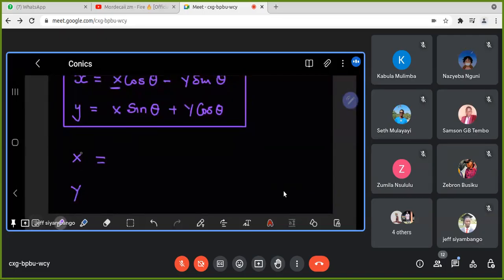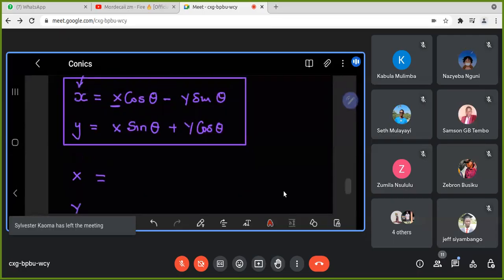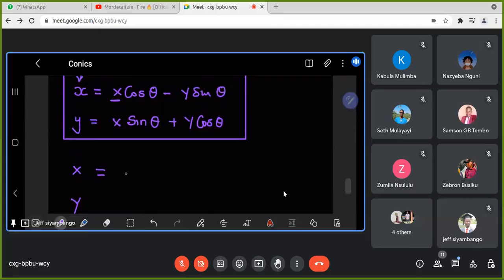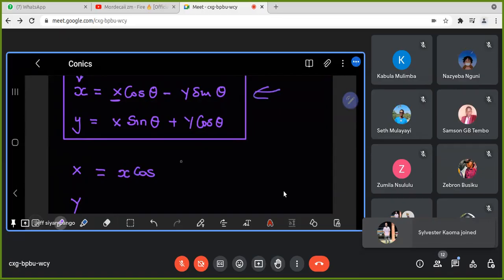If I wanted to write an expression for the new, it's something similar, but what would change is the sign in the middle. I'm just showing you how best to remember these as you prepare for your exams. So this is going to be the new x. You still have cos. Notice that it's just this equation I'm writing, but the difference is that instead of minus here, this will now have a plus.